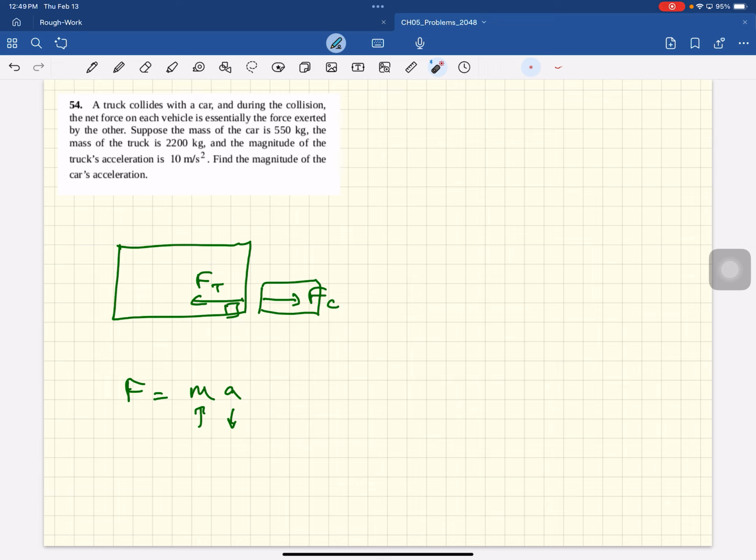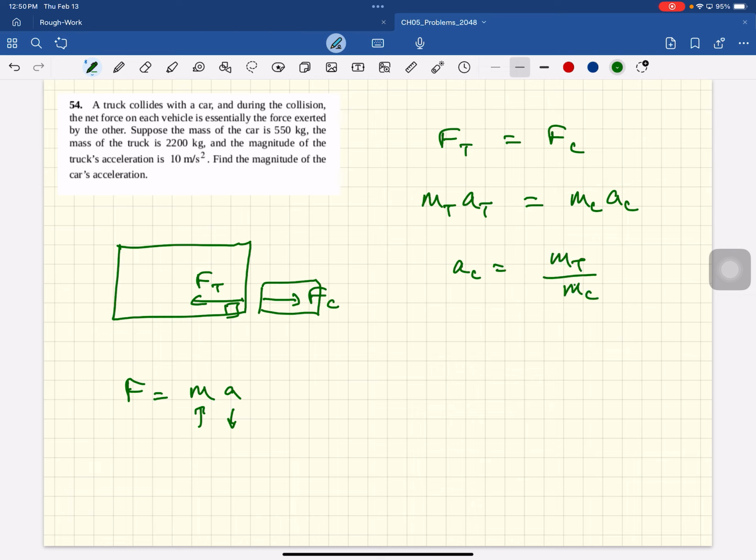Okay? So find the magnitude of the car's acceleration. Since the magnitude of the force, according to Newton's third law, is equal, the mass of the truck times the acceleration of the truck is equal to the mass of the car times the acceleration of the car. The acceleration of the car will be the mass of the truck divided by the mass of the car times the truck's acceleration.